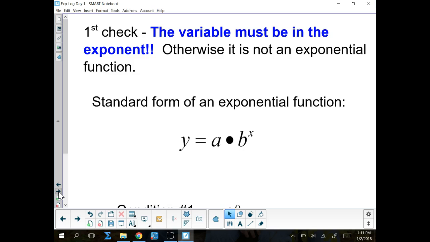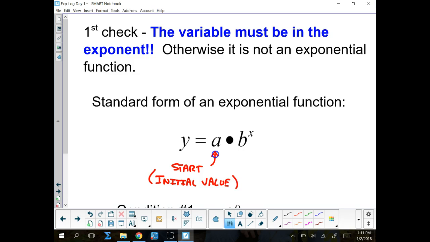The standard form of an exponential function is y equals a times b to the x power. Now, with that being said, a here is your starting value or your initial value.